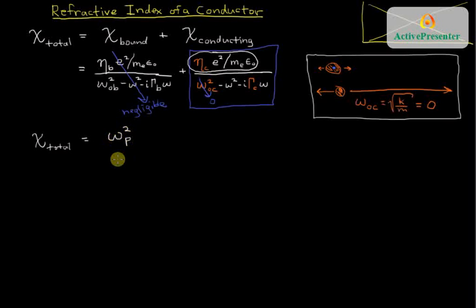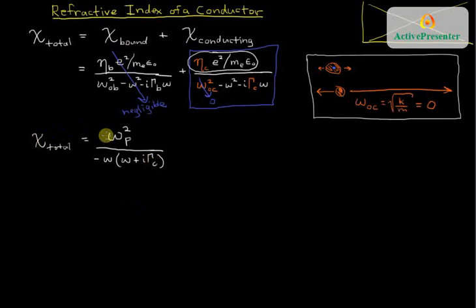We'll talk in class about why this is called the plasma frequency. It's related to the fact that free electrons moving around in space are often called a plasma. And the denominator becomes negative omega. The first term is negative omega times omega. The second term, we've factored out an i, and then the damping rate for conduction electrons.